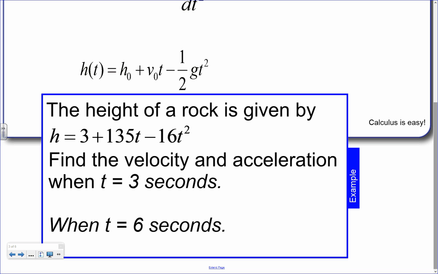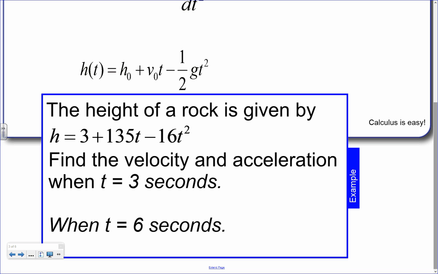So we've got v of 3, we plug in 3 to that function, which gives us 135 minus 32 times 3. 135 minus 96 is 39 feet per second.